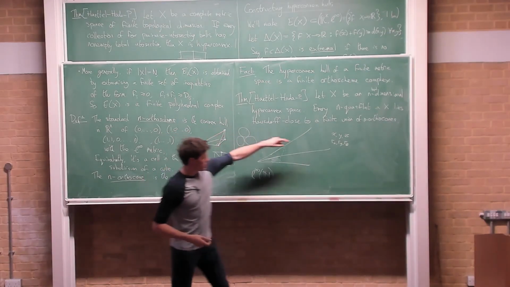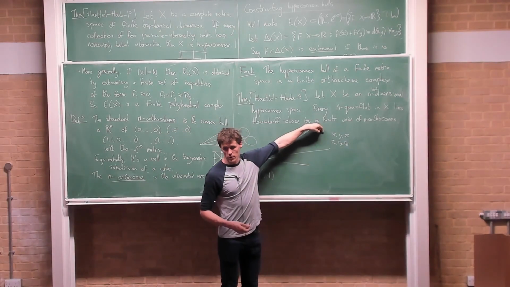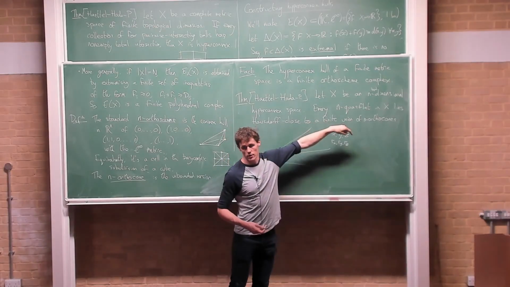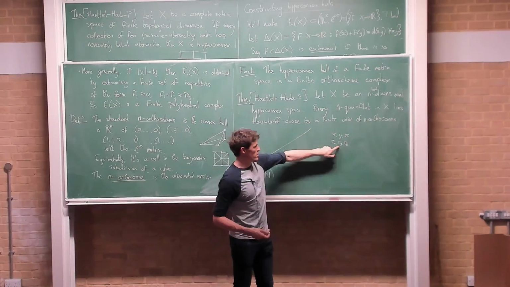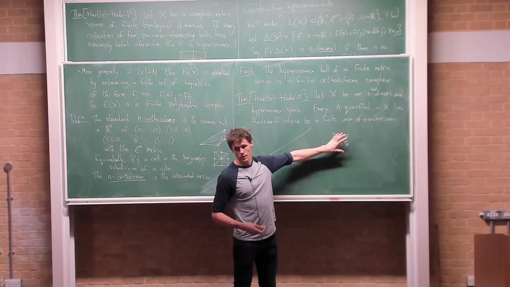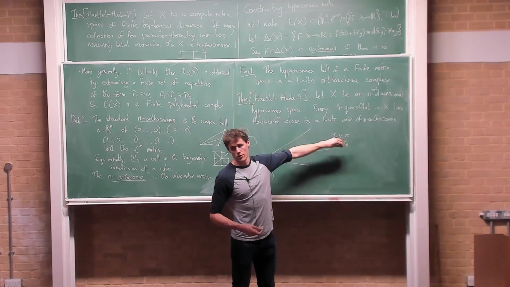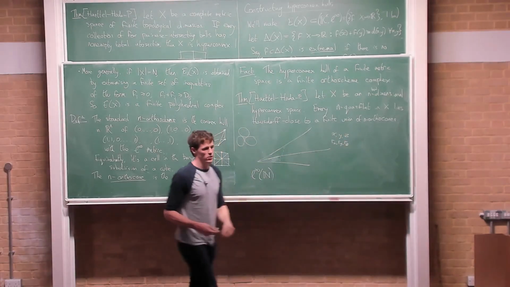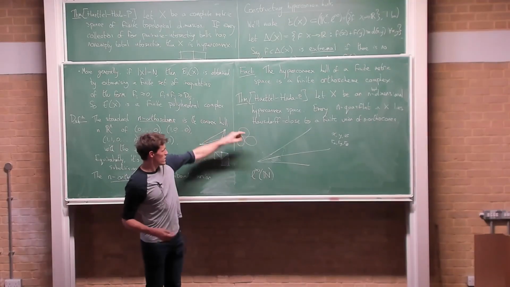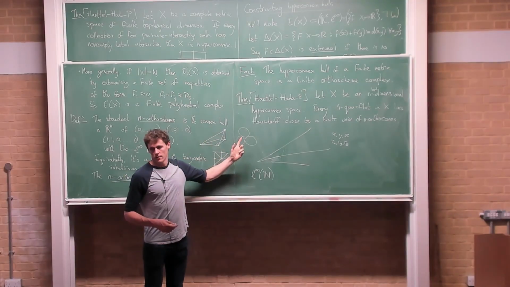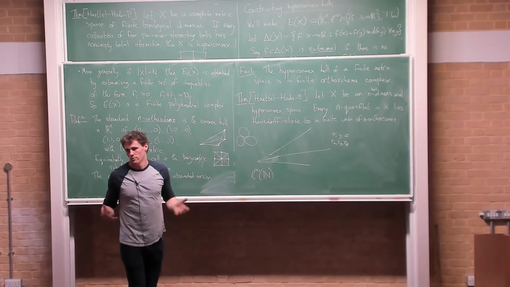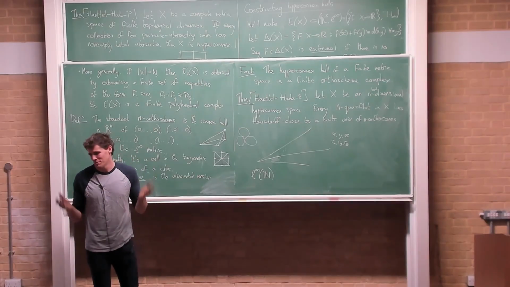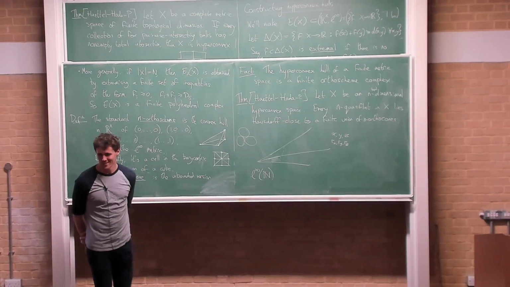Now inside the hull, I have corresponding points e of x, e of y, e of z, and corresponding balls that have radius rx, ry, rz. They still intersect pairwise, so there is a point in common in the hull. And the intuitive idea was supposed to be that you had to add it somewhere, and it made some more dimension, but then you iterate and it has to blow up. It's very loose. But, yeah.